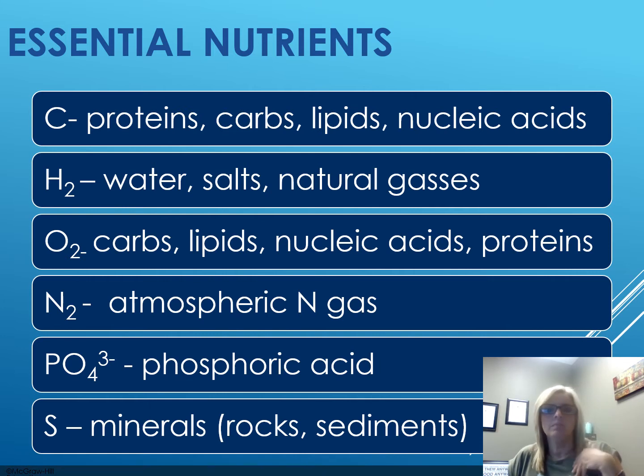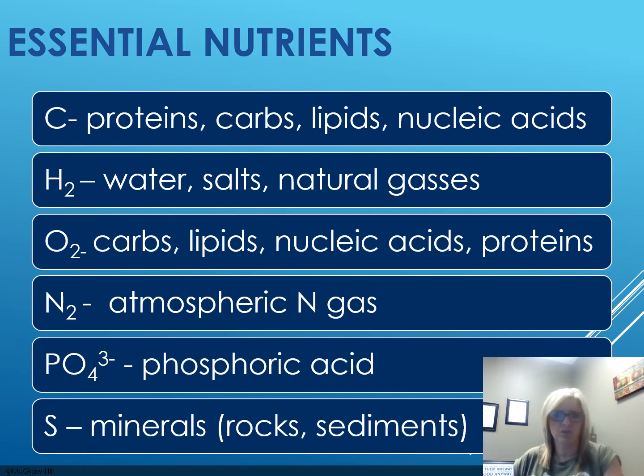All right. So all of this nitrogen must be converted to NH3, which is ammonia, in order to be combined with carbon so that it can make amino acids and other compounds. Phosphate, which is PO4 3-, or phosphoric acid if it's combined with hydrogen, is needed for nucleic acids, ATP, phospholipids, and some coenzymes like nicotinamide, which is NAD+.